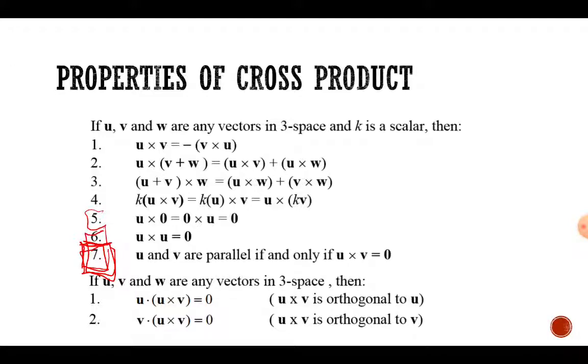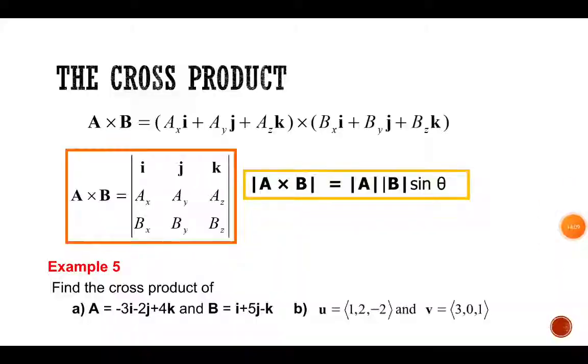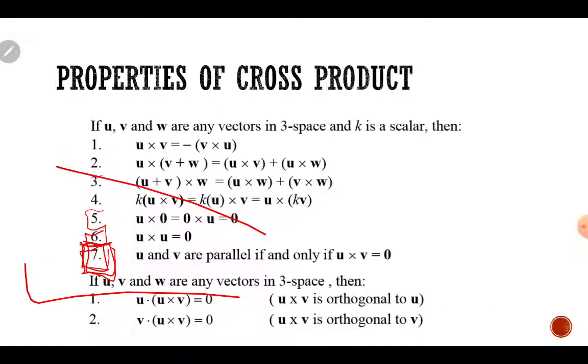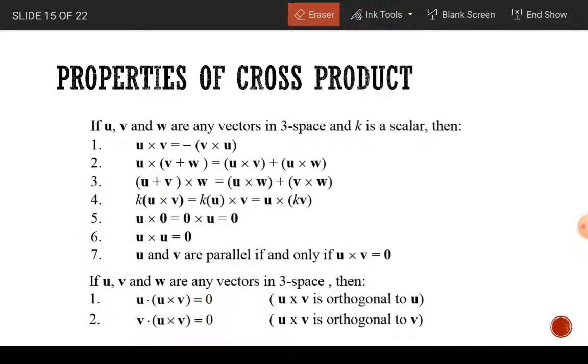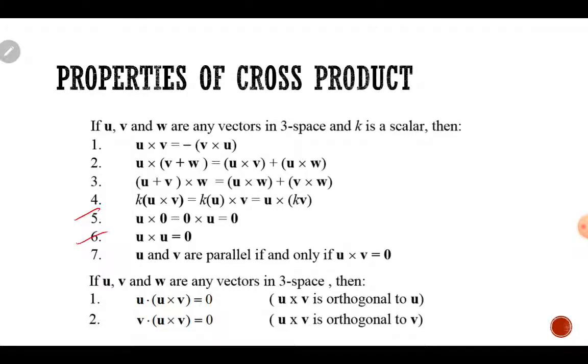Bila semua ni kosong, what you expect? Mestilah jawapan dia akan jadi kosong kan. So that's why properties 5 and 6 akan jadi kosong, sebab yang 6 pula you cross dengan the same vector. So dia akan tolak lah.